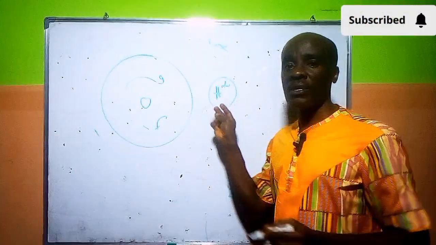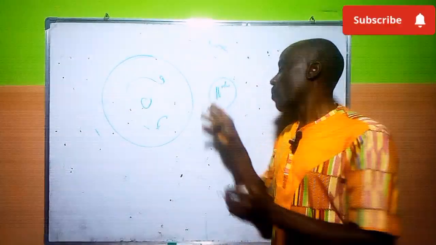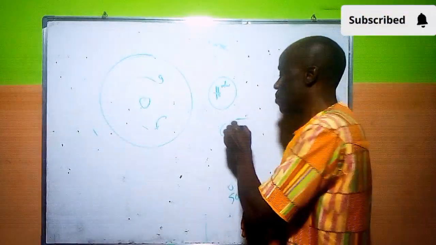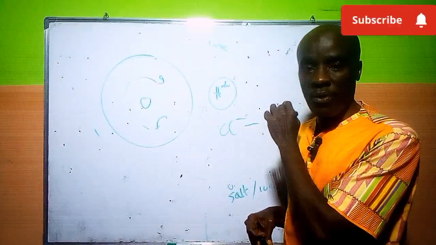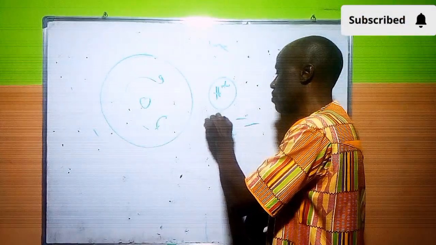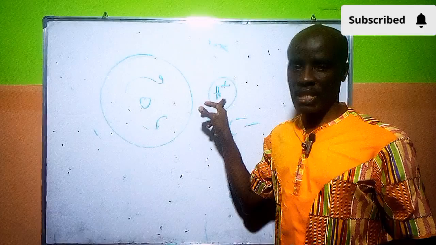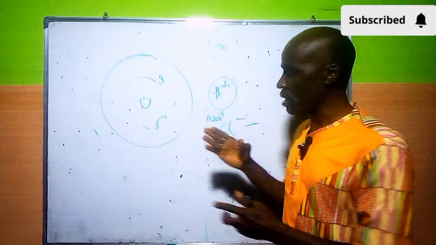More of the chloride ions will be removed from the system, and more sodium ions will be allowed to stay in order to increase the pH. These are some of the things the kidney does.